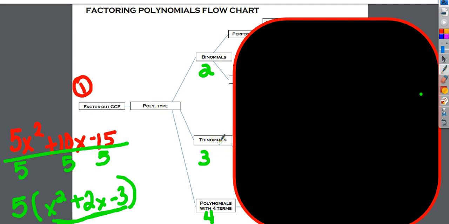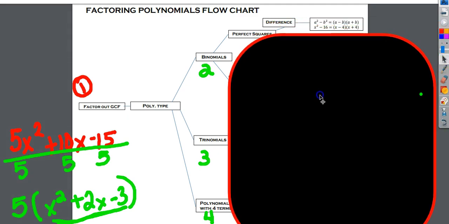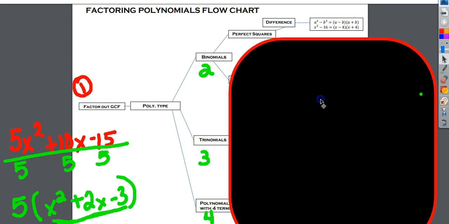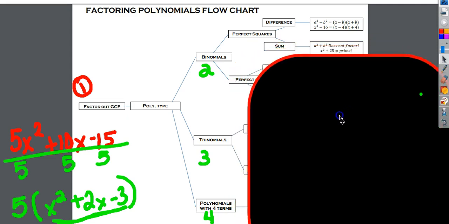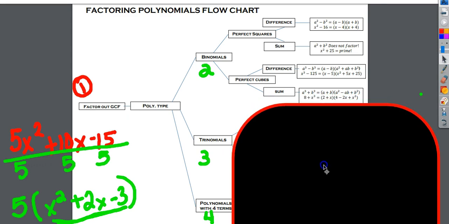Now, I'm going to move this back a little bit more so that you can see it. Okay, let's just look at this part. Okay, so is it a binomial?